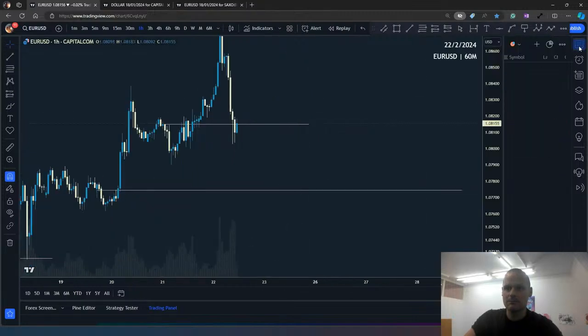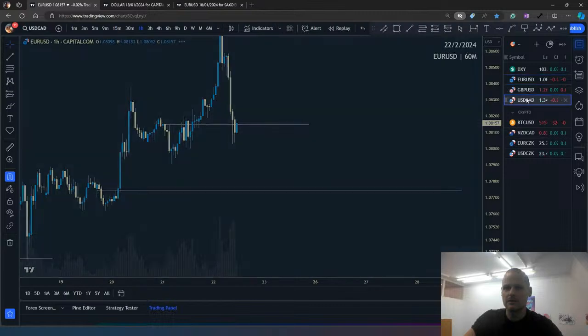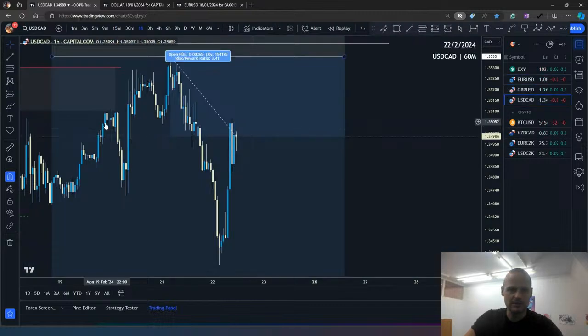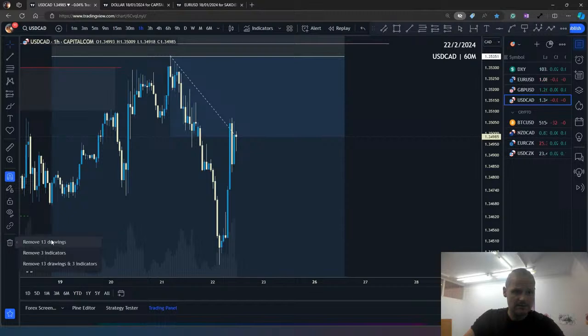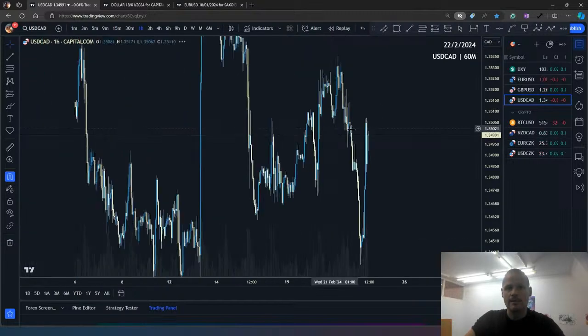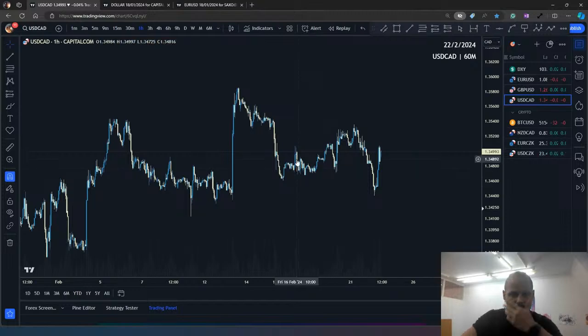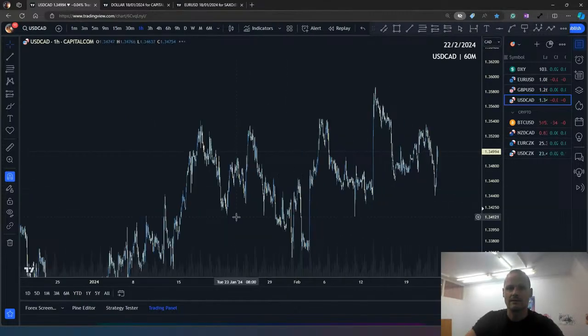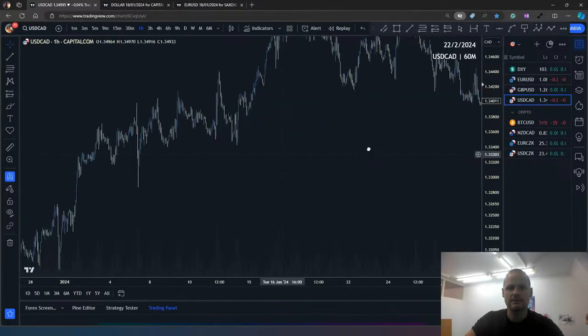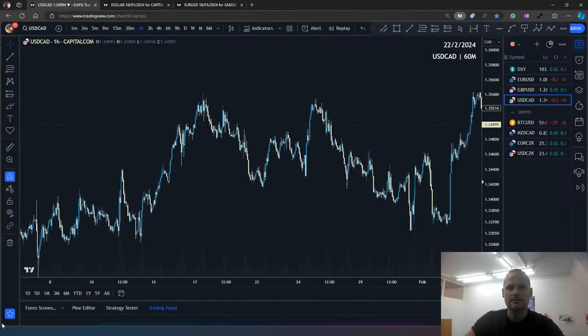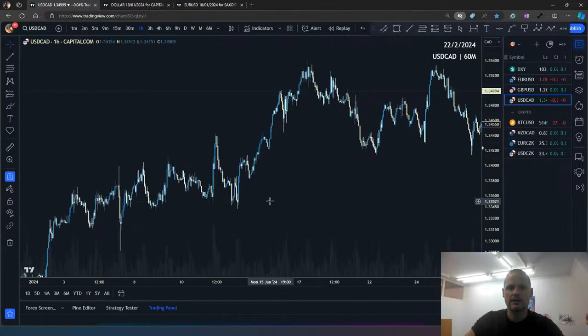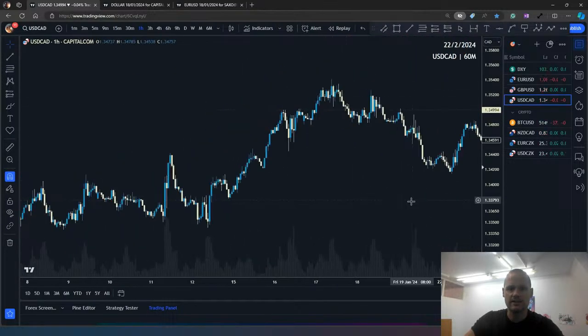We can look at some more examples if we go here, for example, on the USD CAD. And I will delete these things. And again, let's start. Okay, so let's look at this price section in here, right?